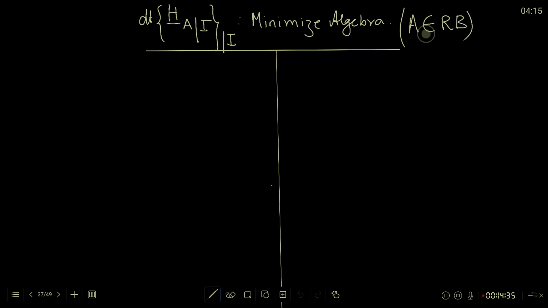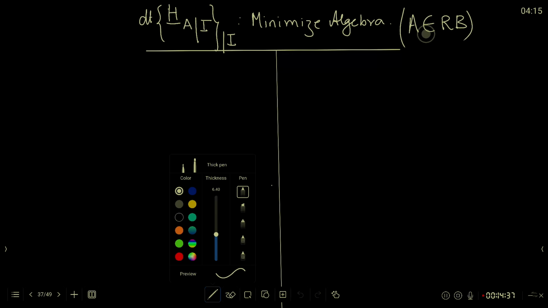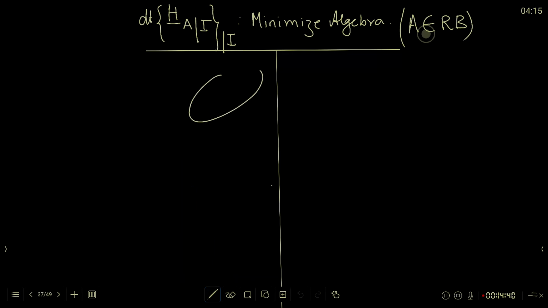So let us consider the same body M, RB M. We have an inertial reference frame I, and A is a point on RB. I am choosing a point A which is on the RB.